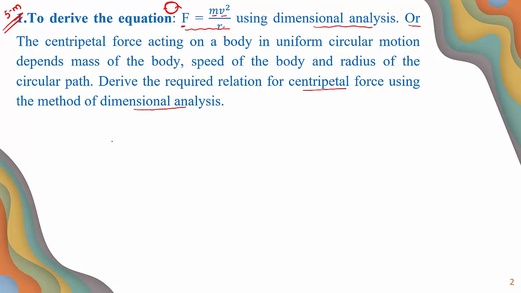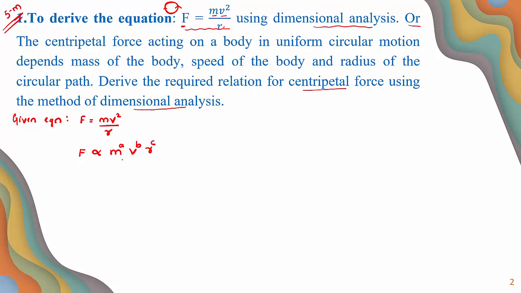See here. The given equation is F equal to mv square divided by r. So this equation I am going to write as F is proportional to m raised to a, v raised to b and the third term r raised to c.